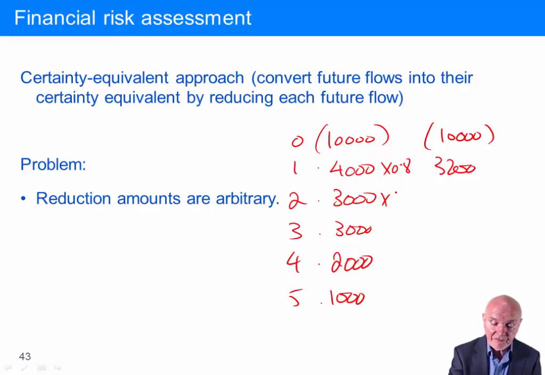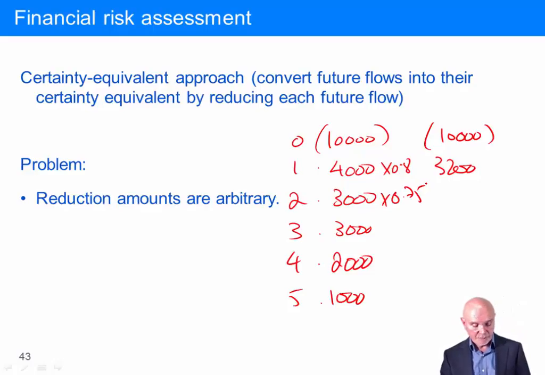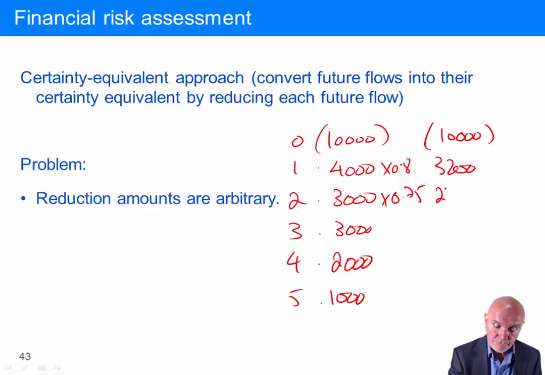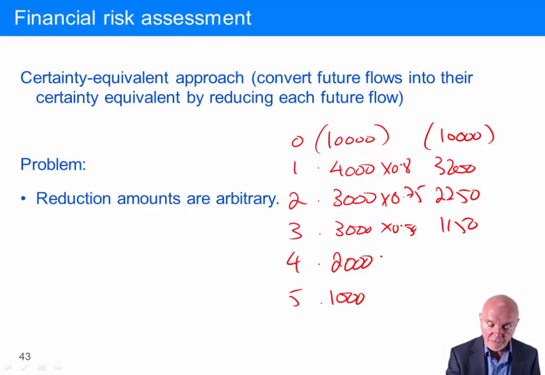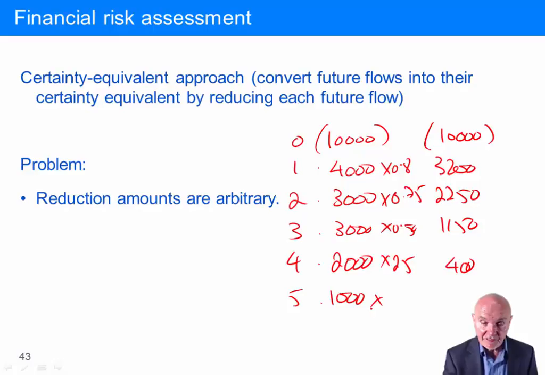Then maybe year two is a little bit further off. Maybe we're going to say that's 0.75. So 3,000 times 0.75, 2,250. And maybe this would be like 50%. And then we're getting really far away here. We might discount it very heavily indeed here, maybe down to 25%. And this one's hardly worth anything because it's so far away.